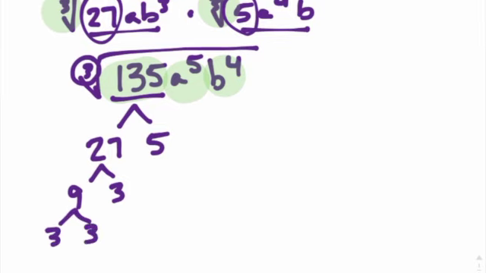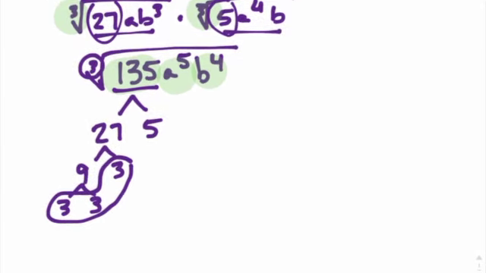Now here's the thing you got to remember. With square roots, we looked for pairs, right? Pairs came out. But because this is a cube root, you actually have to look for threes. I have to look for groups of 3 to come out. Just like with variables, I had to have them in groups of 3. When you do your prime factorization, groups of 3 come out, not groups of 2 like in square roots.